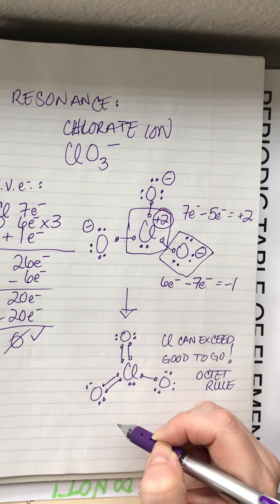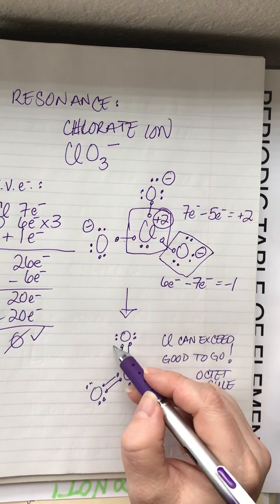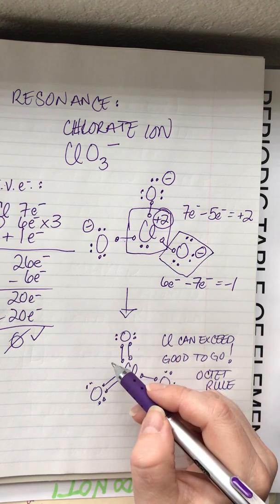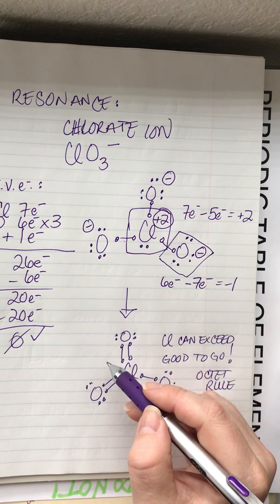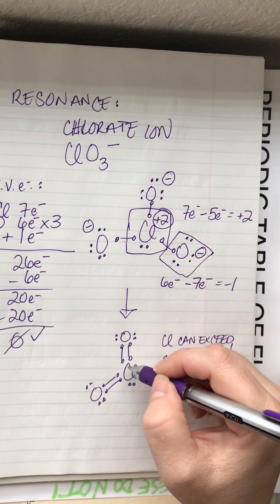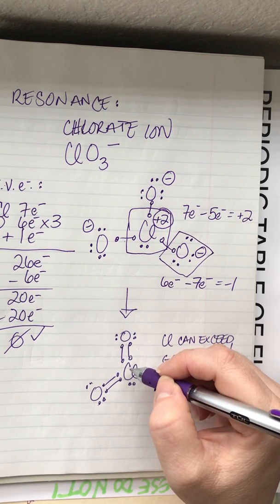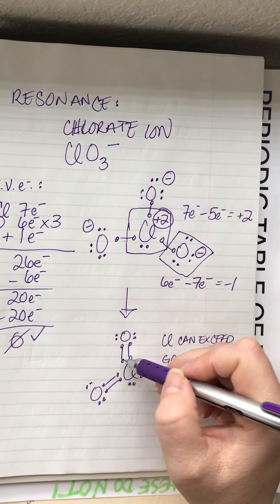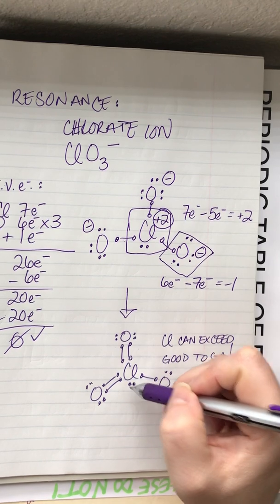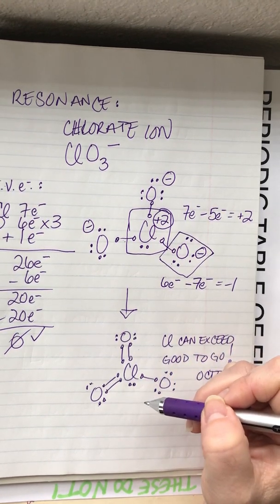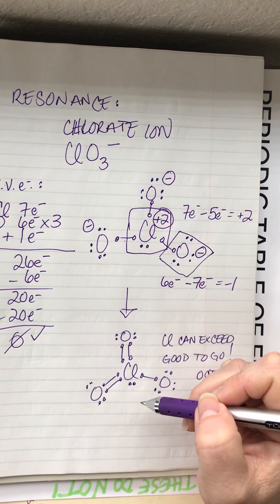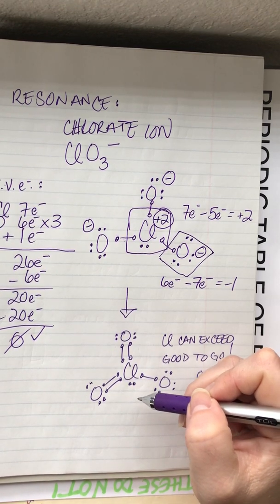Does that make sense, guys? Same with this oxygen. Chlorine came to the table with 7 electrons, and it has 1, 2, 3, 4, 5, 6, 7 electrons here, right? No more formal charge on chlorine.